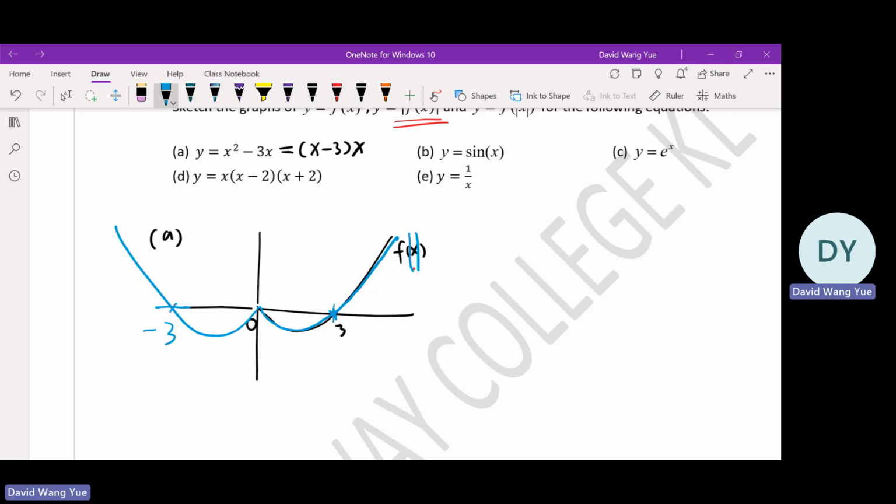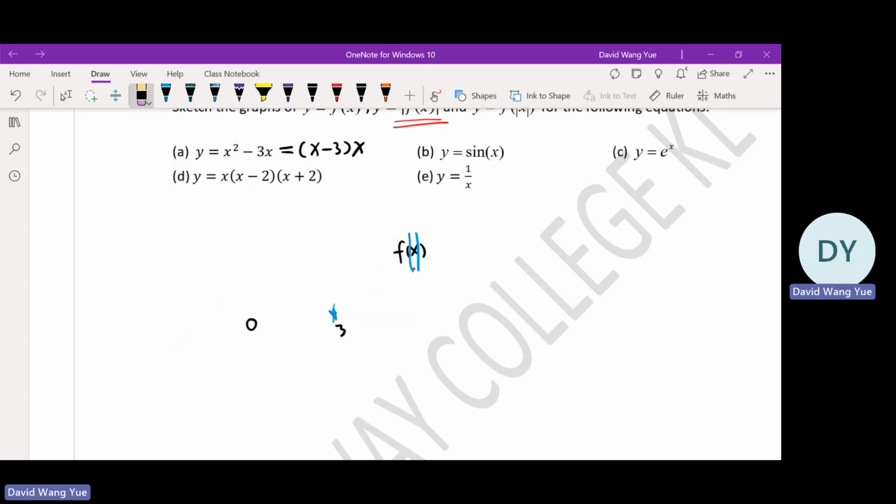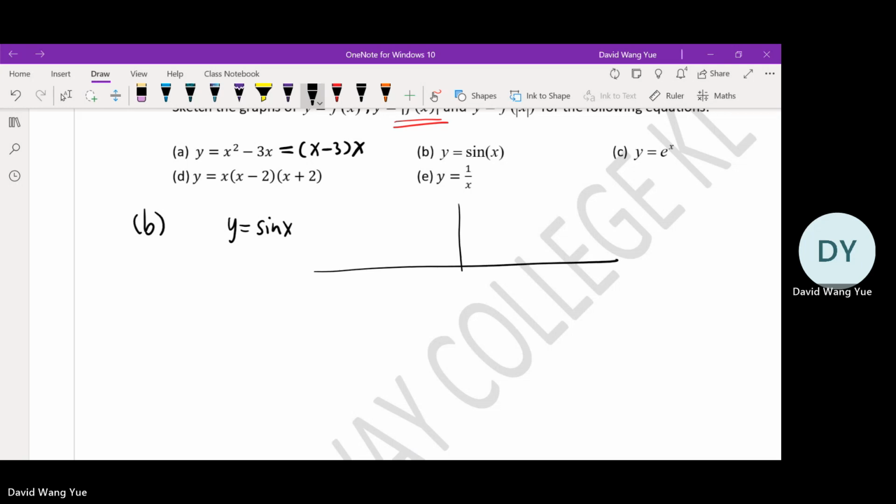Okay, now let's look at the next one. For this one, because there is not enough space, after I draw the graph, I will erase it later. So when you watch this video, you can pause the video and then take down the graph. Okay, this is sin x.